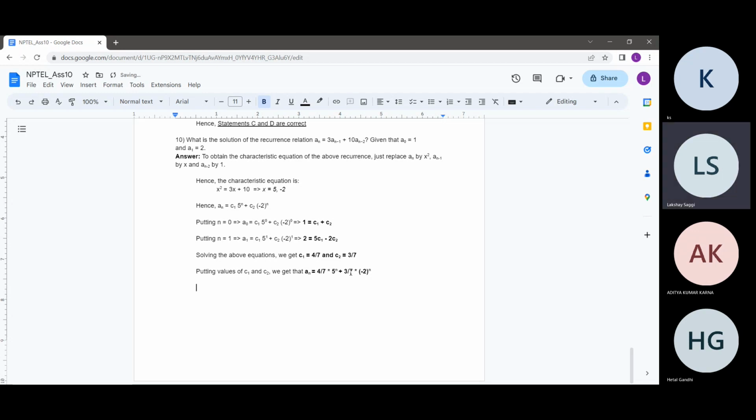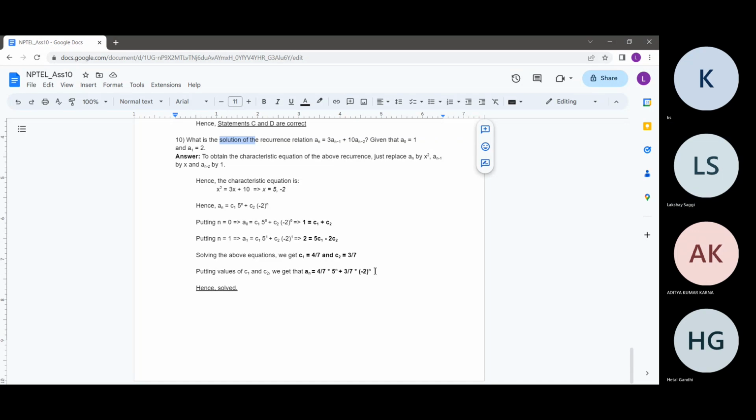I'll not underline this because underlining also makes the exponent underlined, which can cause confusion. Hence, solved. I guess this suffices. So the solution we get is 4 by 7 times 5 raised to the power n plus 3 by 7 times minus 2 raised to the power n.